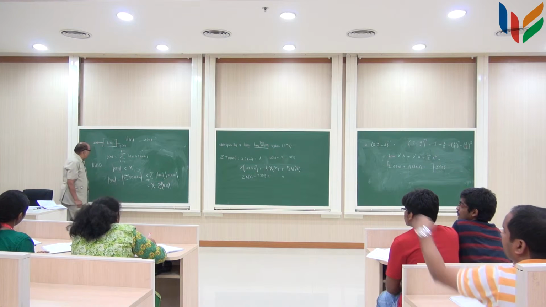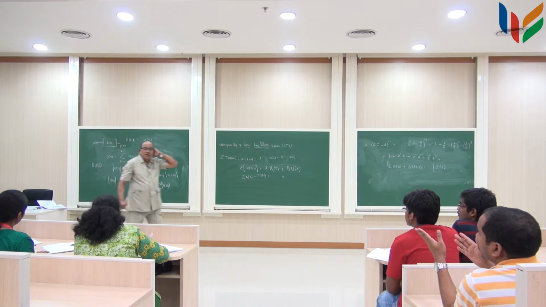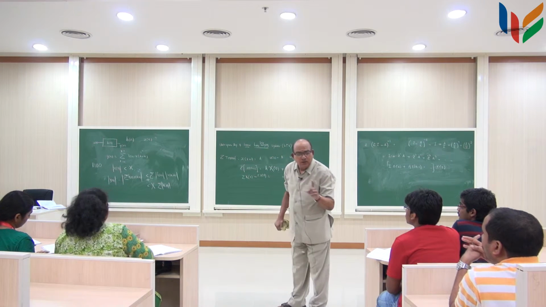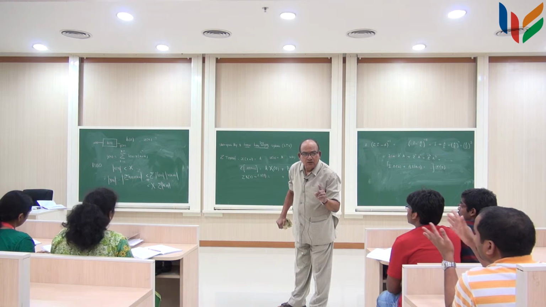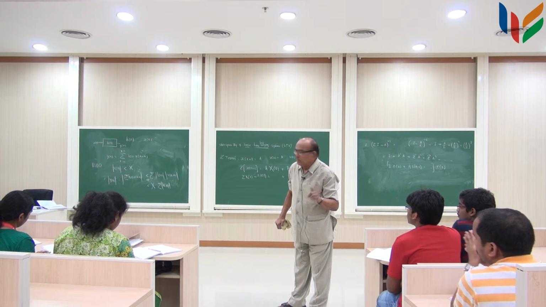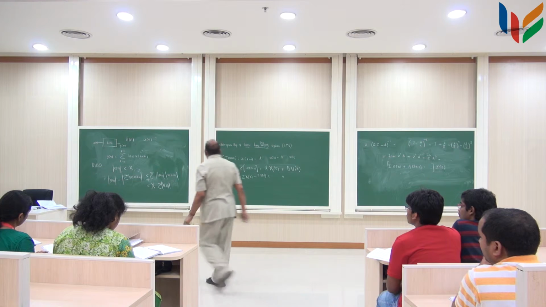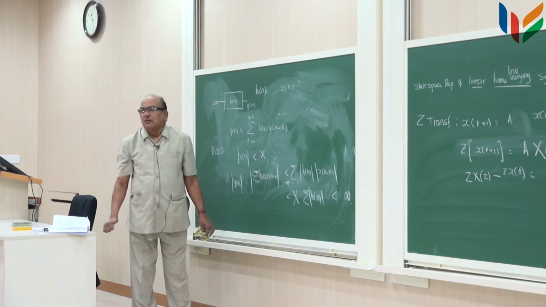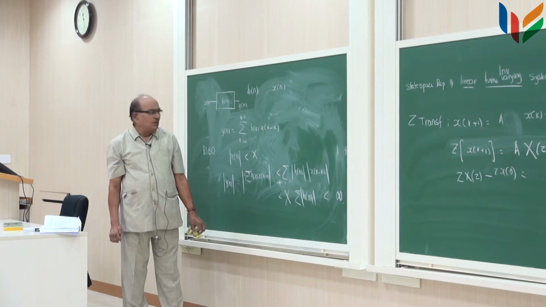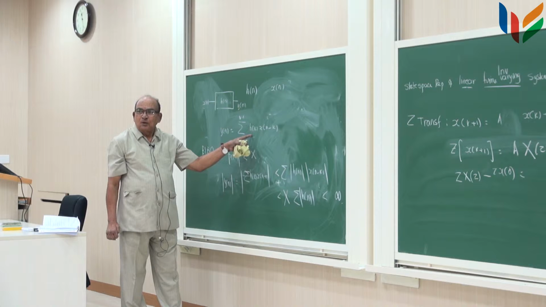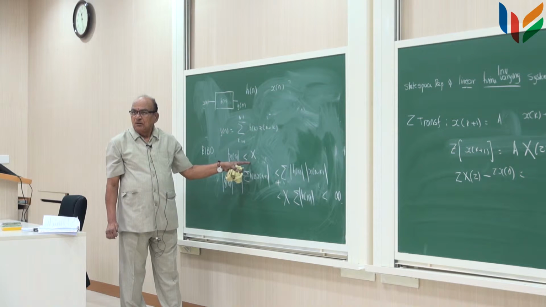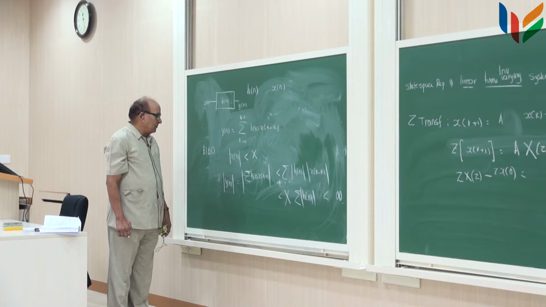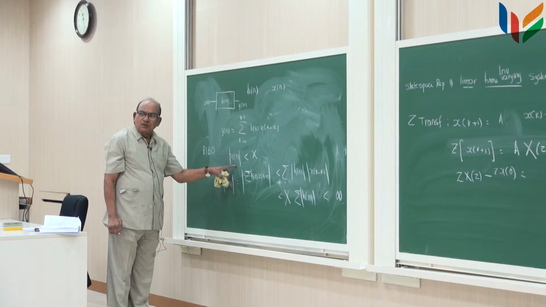That has to be summation over xn. The first line condition, input condition, summation over the absolute value of xn is less than capital X. That's what I am coming to. So this should be less than infinity. Just the next line. Summation over xn, the left side of that inequality. I should put a sigma here. Yes, before that. No, not necessary.